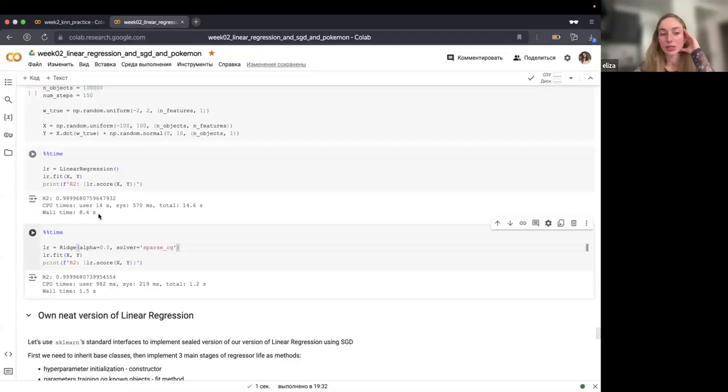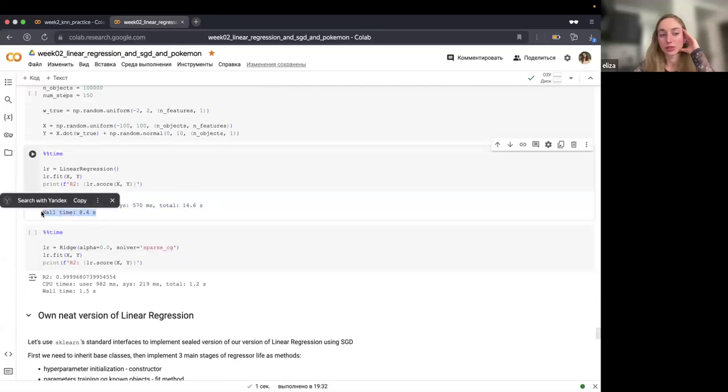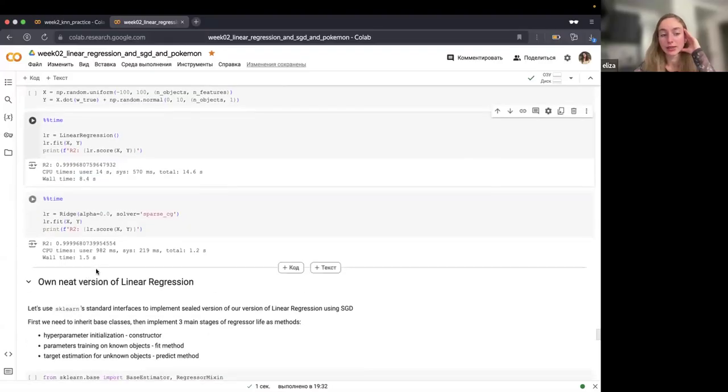You see that the solution without iterative methods takes 8.4 seconds, and the solution with a gradient method takes 1.5 seconds, which is really better in time.